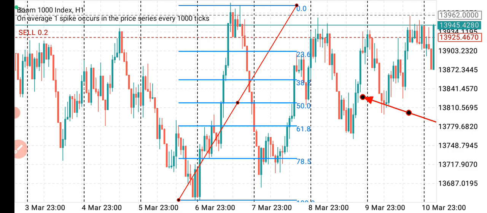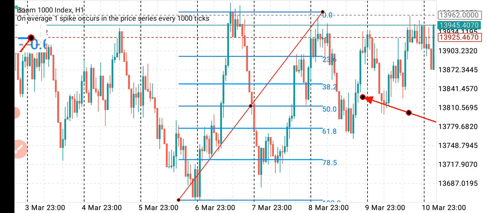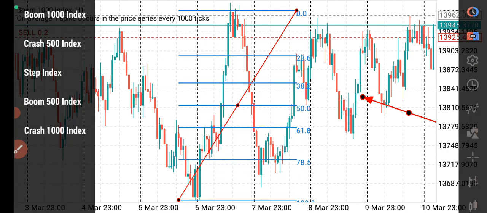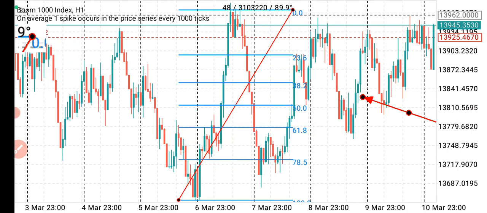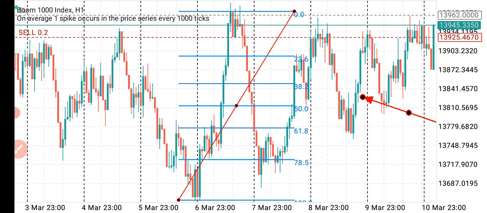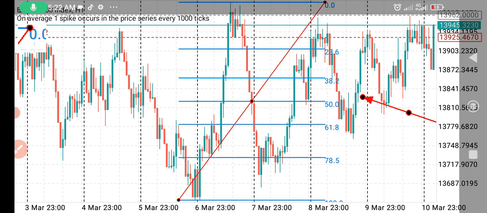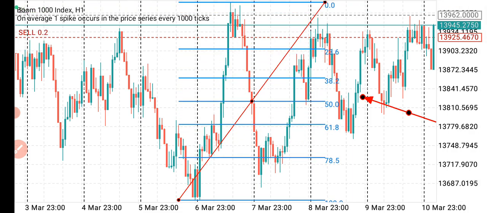Good. So you can see now 100 below, 0 at the top.